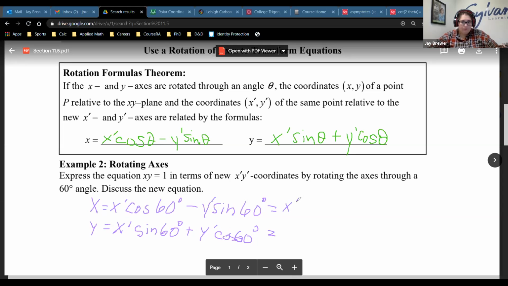Yeah, we're going to plug in what we know. So we know that the cosine of 60 degrees is 1/2. The sine of 60 degrees is the square root of 3 over 2. And then on the second part, it kind of flips.